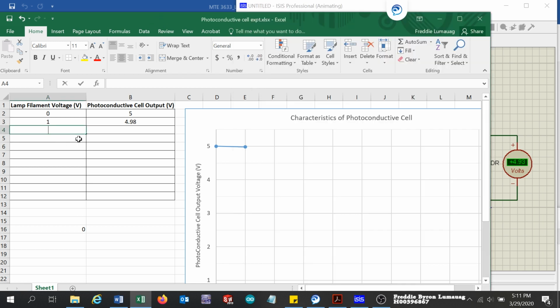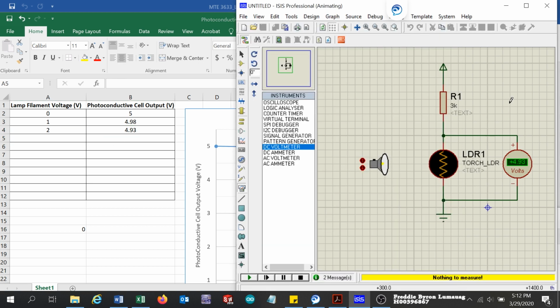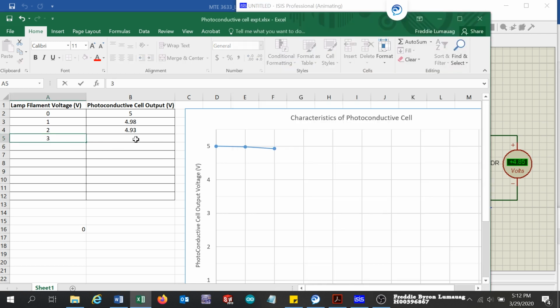So this is 2, and this is 4.93. Okay, so then 3, that is 4.85. So 3 is 4.85.